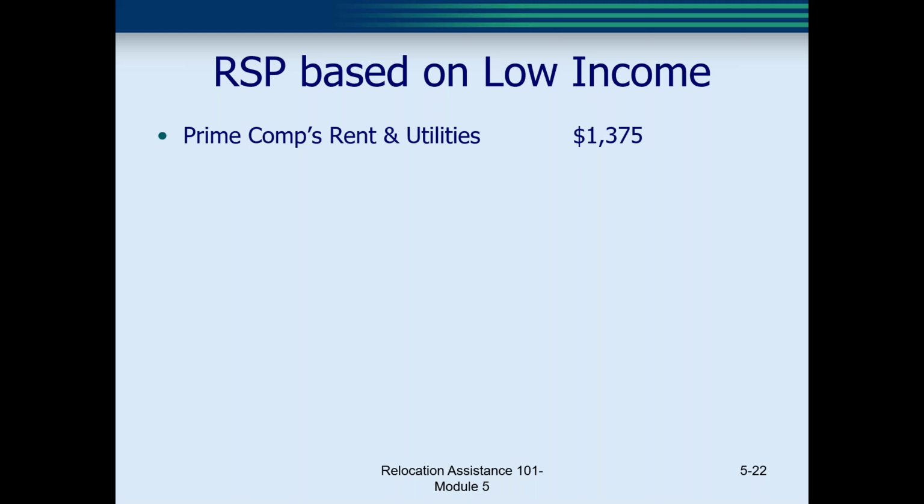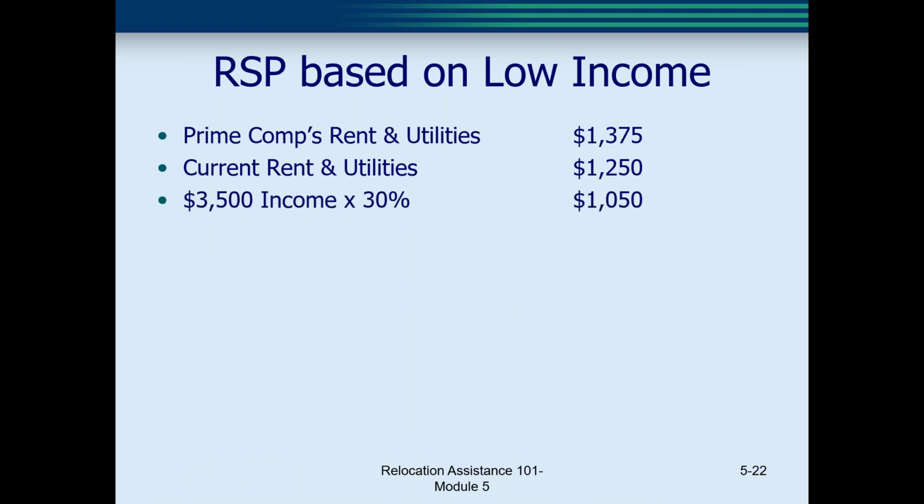So what effect does this have on the rental assistance payment? Your prime comp is still $1,375. Your current rent and utilities is still $1,250. However, if you do their 30% income on their $3,500 a month, that only comes to $1,050.